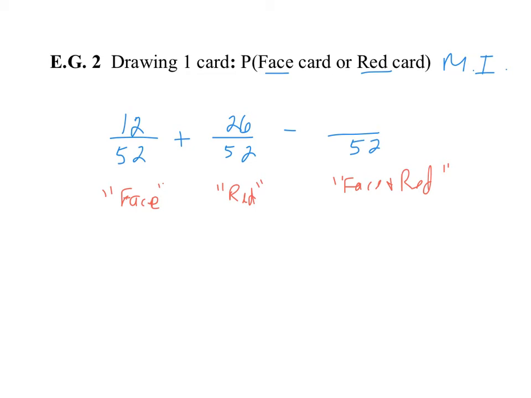That means half of those are red cards. We've counted those red cards here in the 12, and we've counted all the red cards here, it's 26. So the same cards have been counted in both groups. That's why we're going to subtract one of those out, which are your 6 red cards. So then 12 plus 26 minus 6 gives us a total of 32 out of 52, and then you're left with reducing your ratio.